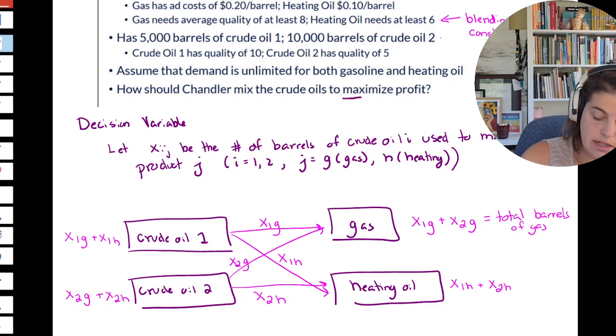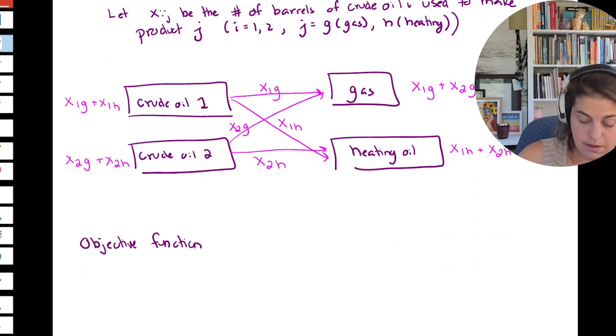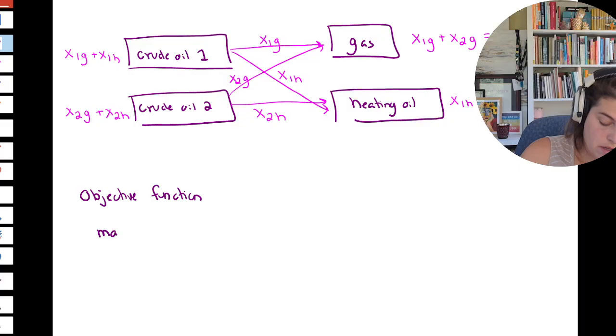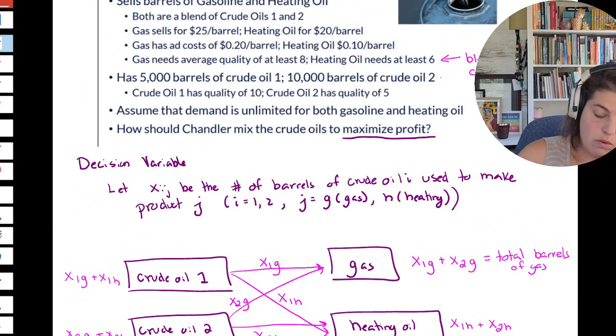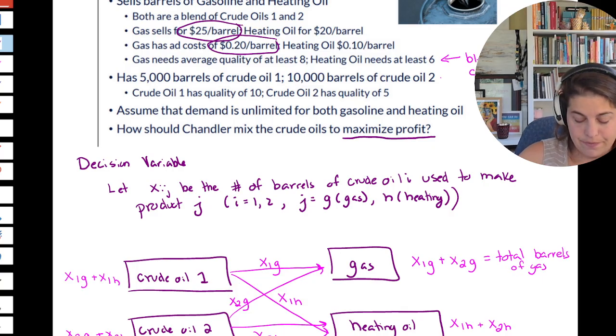Here it has told us that our goal is to maximize profit. And so if we try to maximize profit, profit is revenue minus cost. But in this problem, we've got gas selling for $25 a barrel and it has a cost of 20 cents per barrel.